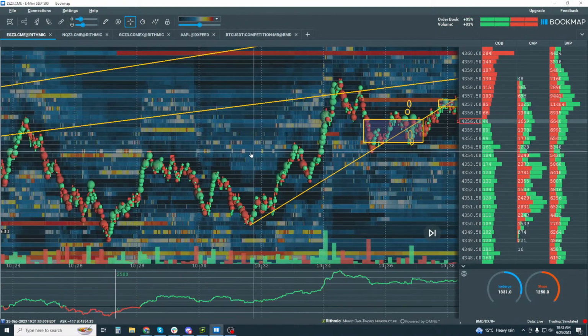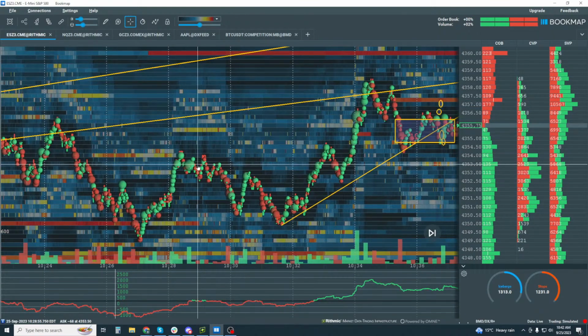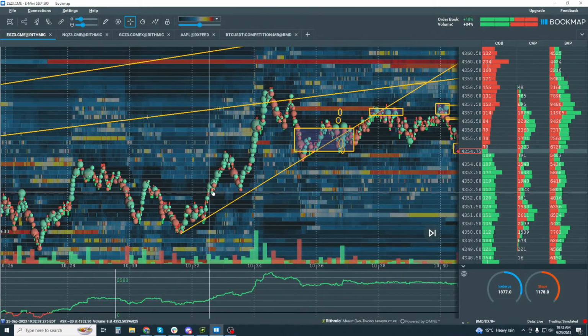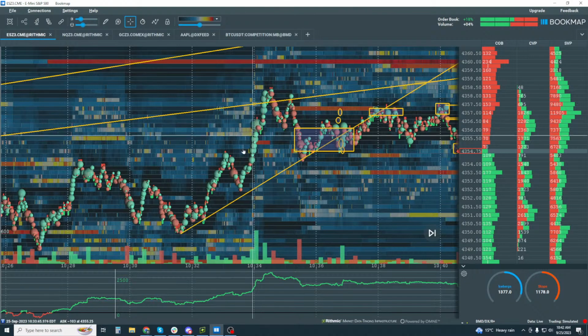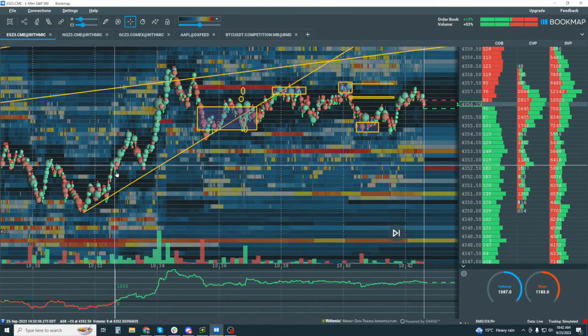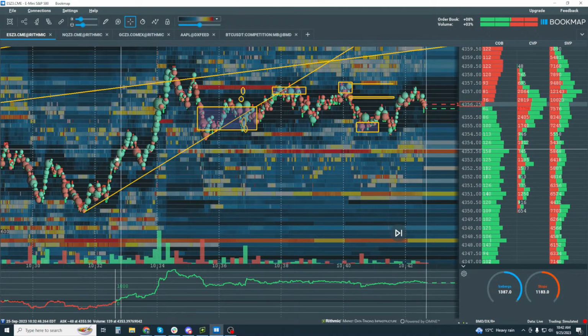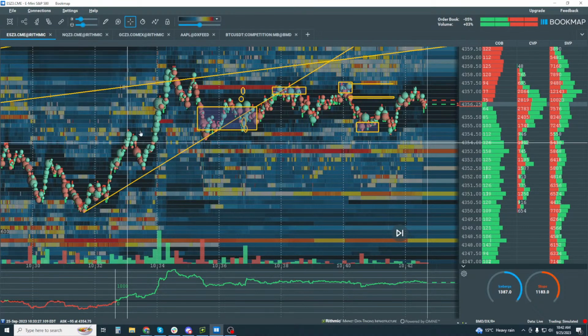In this strong move, we're going to have to go back and take a look here. We see it all the time, and we've talked about it in terms of who's in control in a move. So in this move, there's no question buyers are in control in this time frame. We do not see sellers that have come back down and retested these areas in this time frame, from 1032 onwards.